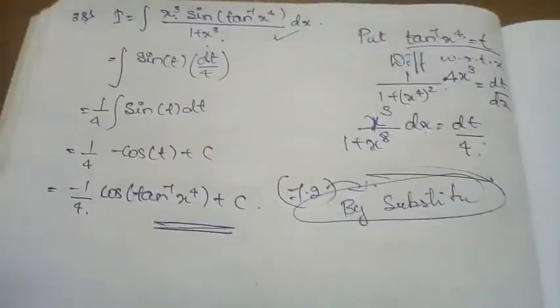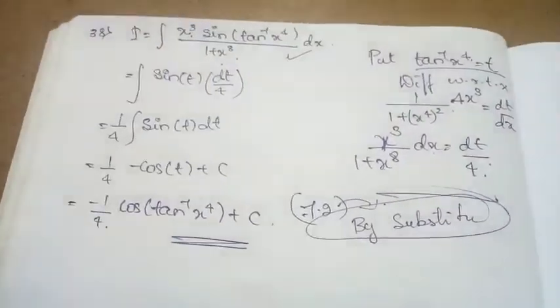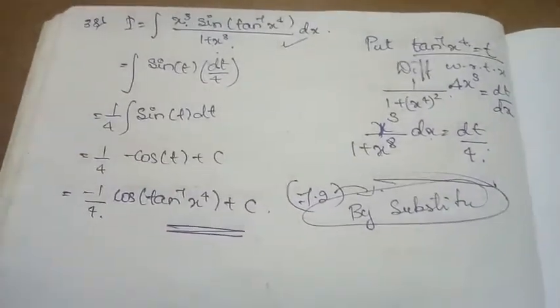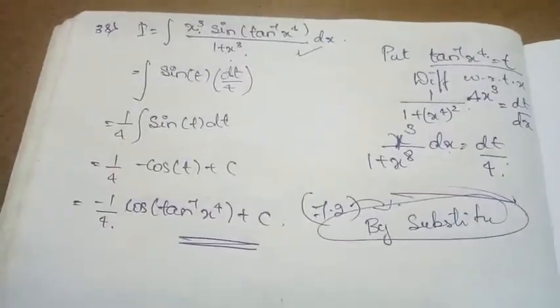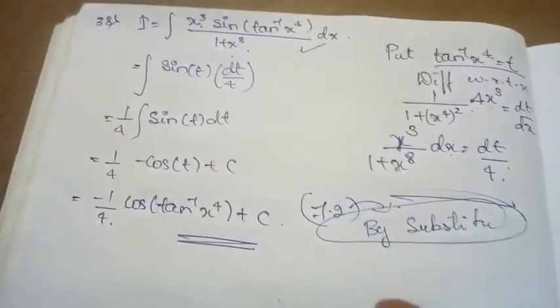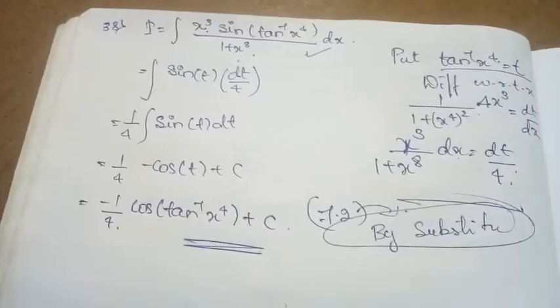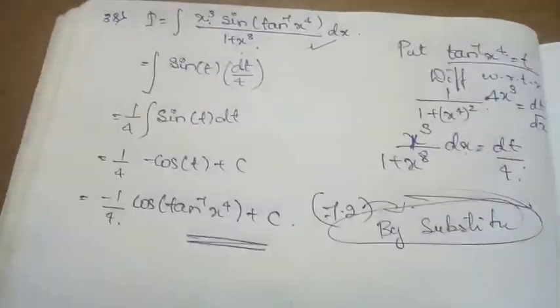Go through each and every question's solutions properly. Get an idea. Practice only gives you the clear idea. By solving it once, you are not at all going to master this trigonometry and integration part. You have to do continuous practice. Practice only will lead you to understand each and everything clearly and properly.